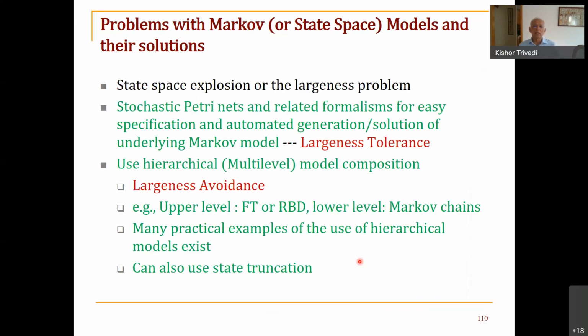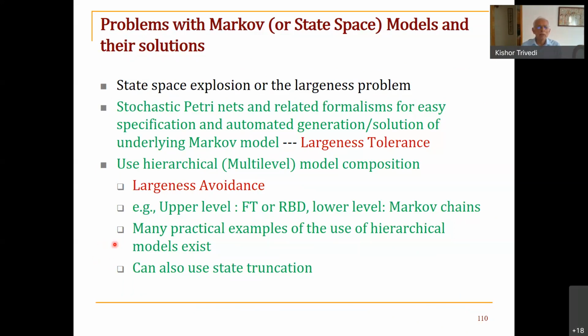We develop multi-level models and compose the solutions from one model into another. Typically, our models will tend to be fault trees or reliability block diagrams at the top level and Markov chains at the lower level.